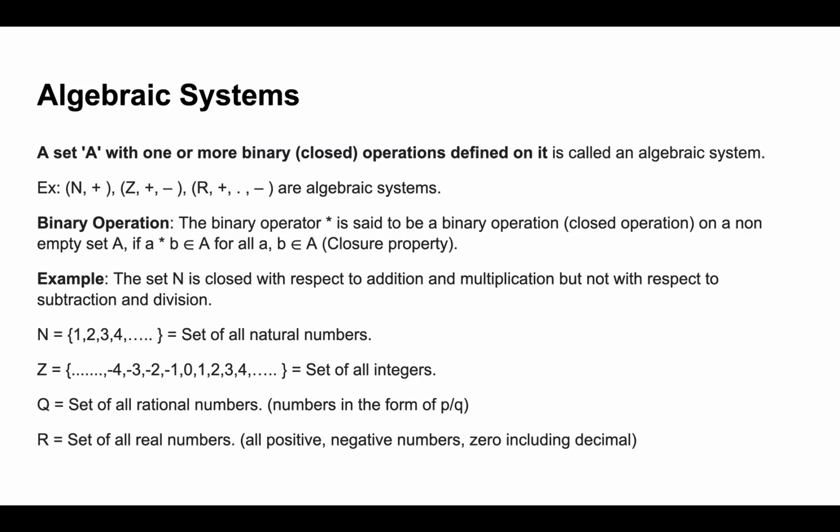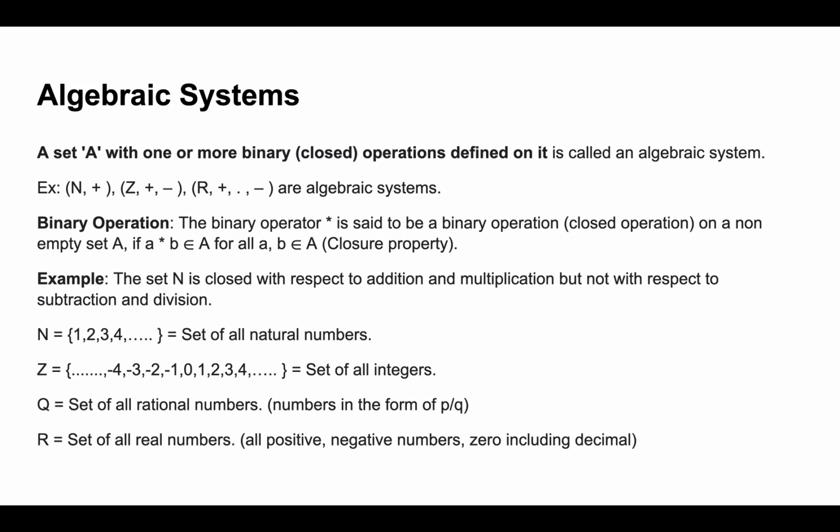A set A with one or more binary closed operations defined on it is called an algebraic system. Okay. Now, A is any set with one or more binary closed operations. Now what the closed operation means, that word is very important.